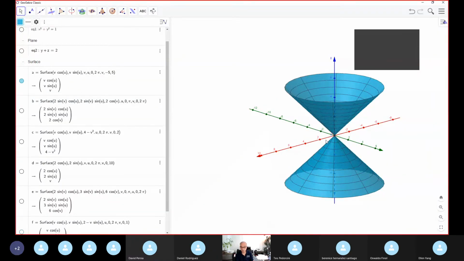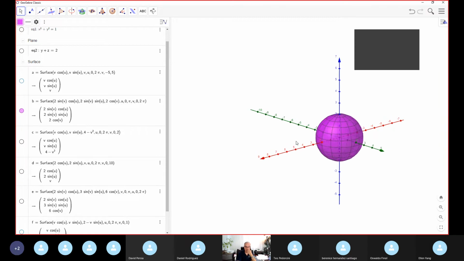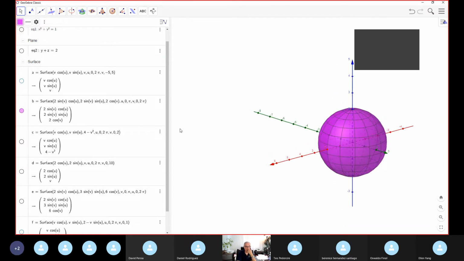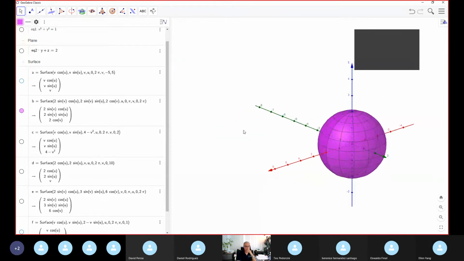Excellent. Nice sphere. Bam! Look at that. I copy the weird equation. Of course, I use no Greek letters, phi and theta. I use u and v. It doesn't matter. The name of the variable is not important.